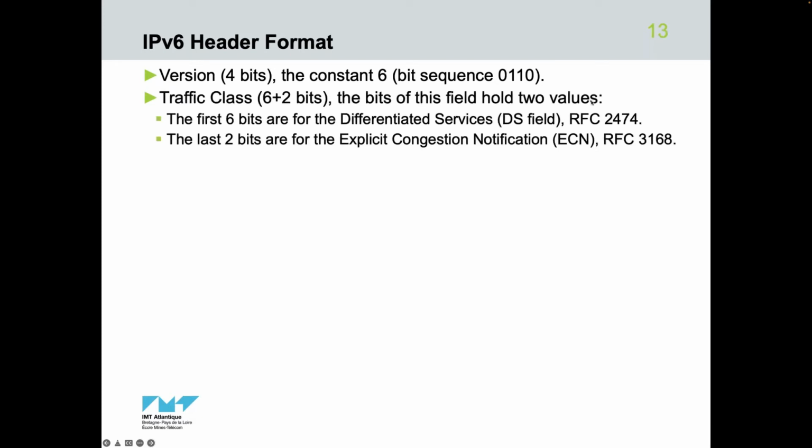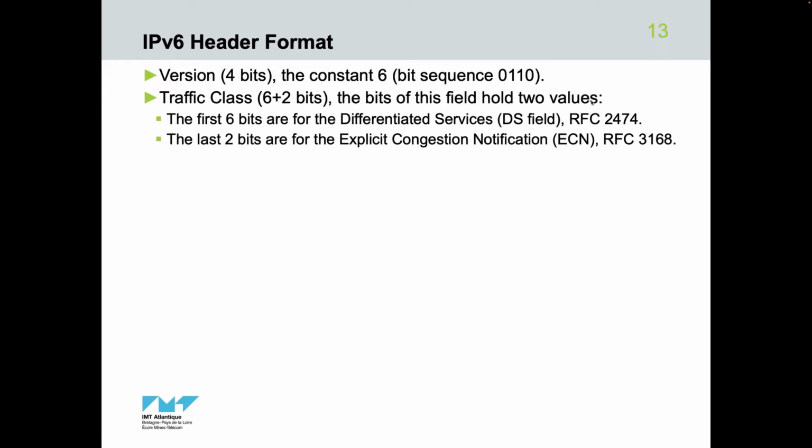Now, the next field is the traffic class of 8 bits. The bits of this field represent 2 values. The 6 most significant bits hold what is called the differentiated services, or DiffServ, or DS field. DiffServ is used by the network for traffic management and classification and for providing quality of service.